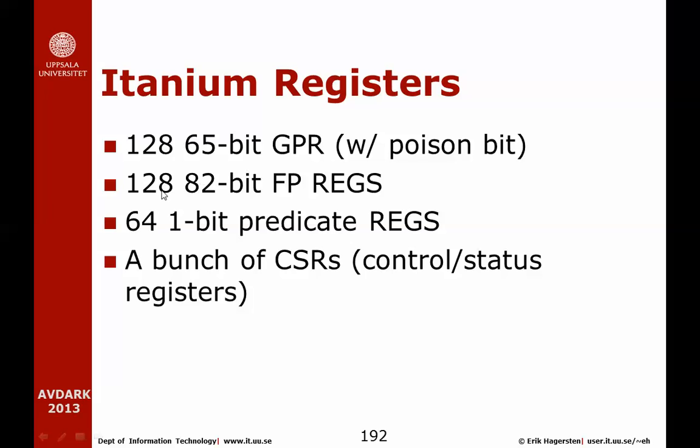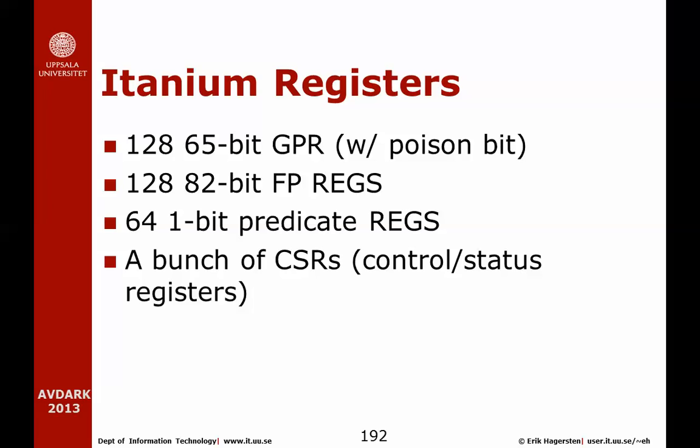They also have 128 floating point registers that are 82 bits large, and they have also added 64 1-bit predicate registers and a bunch of different control structure registers that we'll not discuss in this course. But the interesting thing here is that it has 128 registers, but the instruction set can only allow you to name 64 registers.